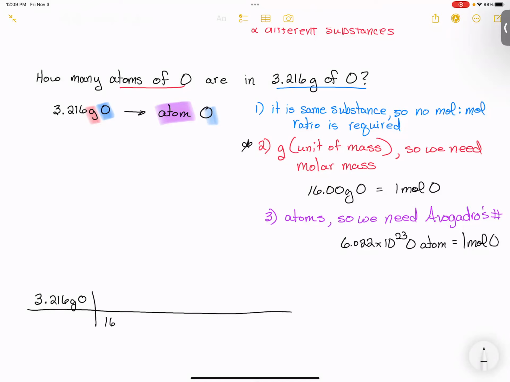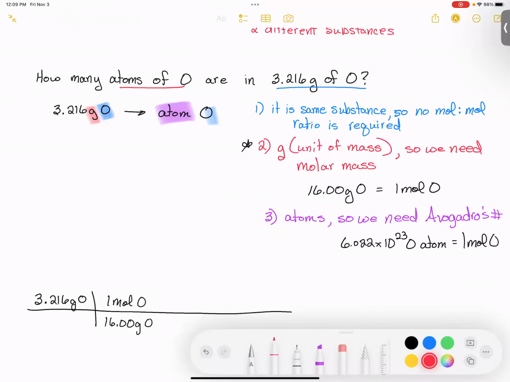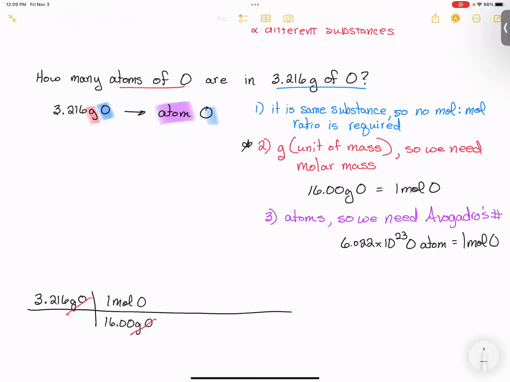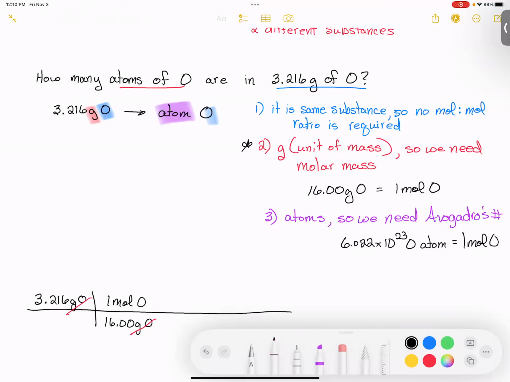And we're going to put the 16.00 grams of oxygen in the denominator and the 1 mole of oxygen in the numerator. The grams of oxygen were placed in the denominator so that the unit and the substance would cancel, leaving moles of oxygen. But we were not asked for moles of oxygen. We were asked for the atoms of oxygen.